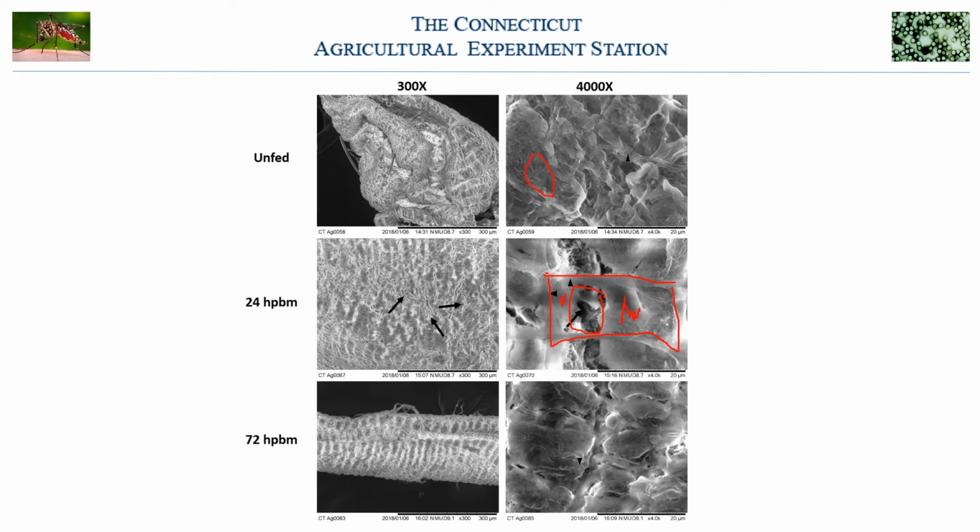Then by 72 hours, once the blood meal has begun to be digested and the basal lamina is being repaired, this crack becomes a lot smaller and more closed. So the thought is that the virus is getting into the gut, replicating, and then eventually passing through the basal lamina because of these cracks that are introduced, so particles can go through.